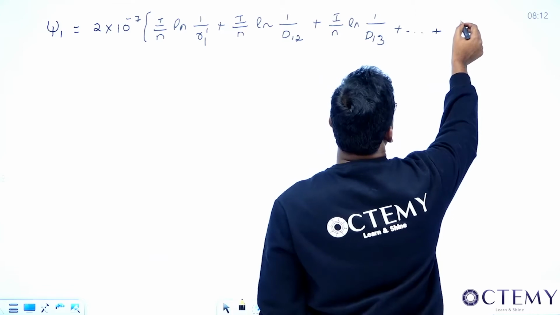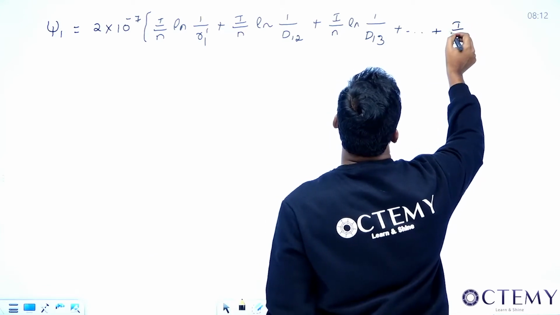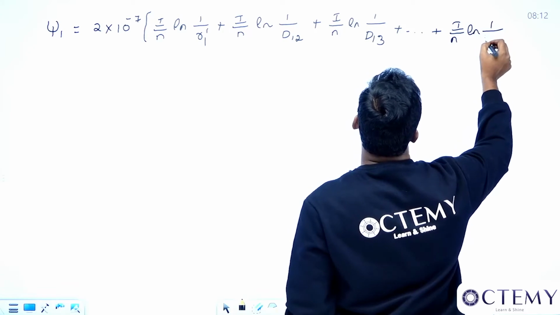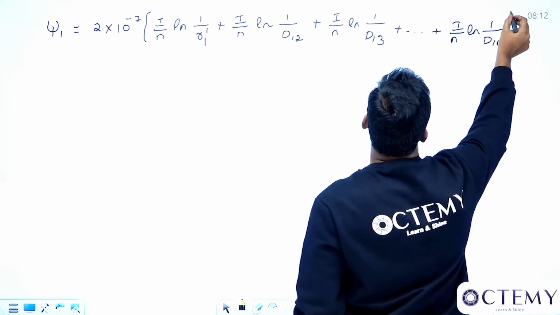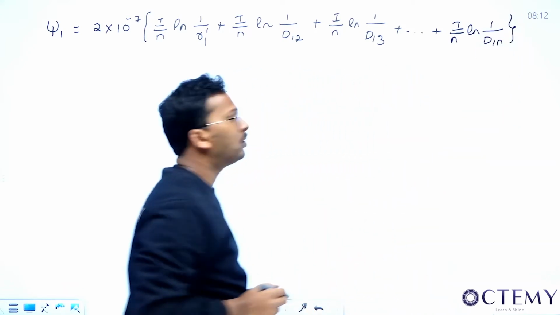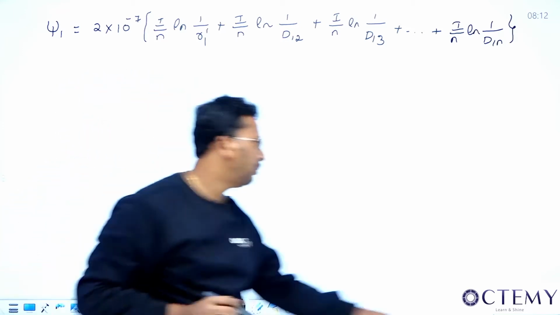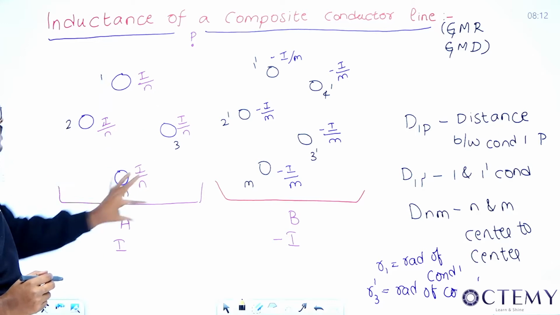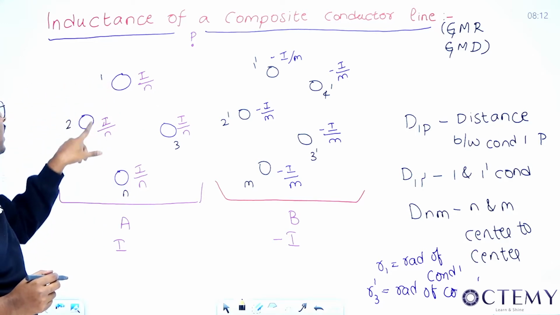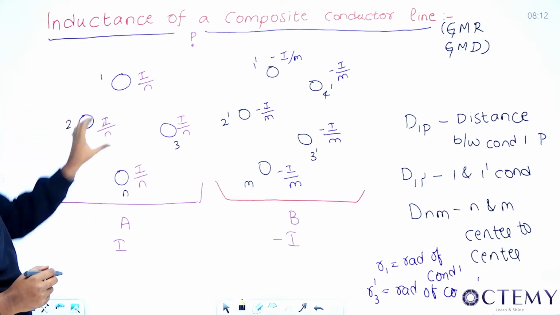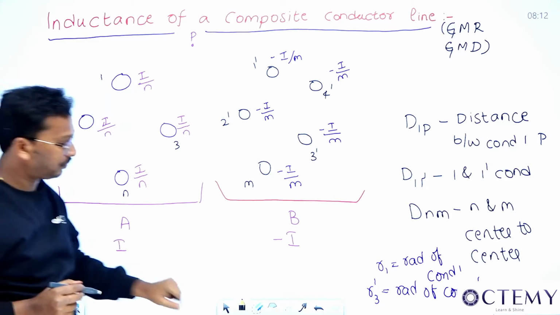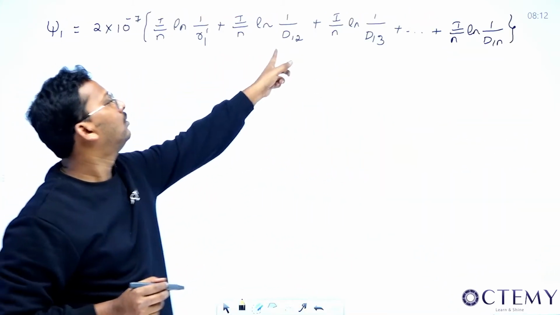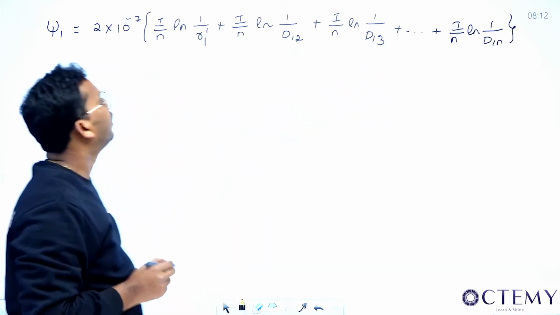The nth conductor is also having a current of I by N and the distance is ln 1 by d1n. This is because of all the currents in this particular composite conductor A. So this is I1 into 1 by R dash, I2 into D21, D31, D1n. Right, that's what I've written here.